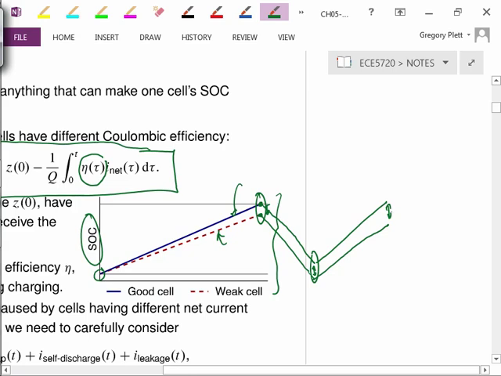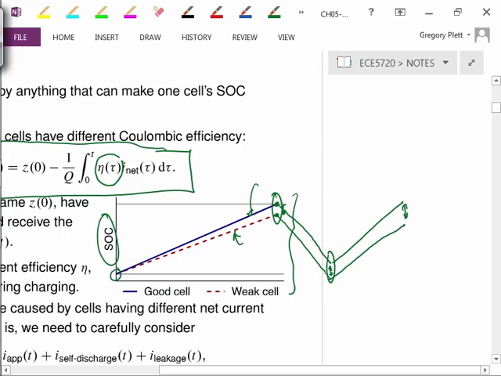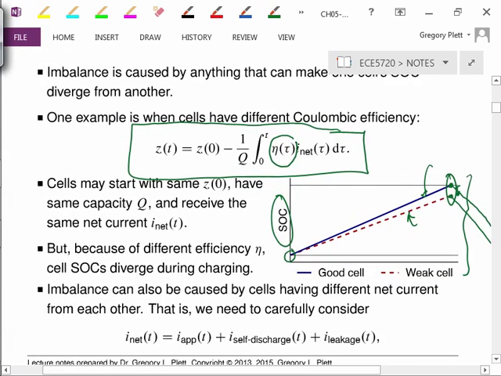But then I get a bigger difference, and over time, after a number of cycles, I have a growing divergence between the states of charge of the good cell and the weak cell. So that's one thing that can cause the cells to diverge.